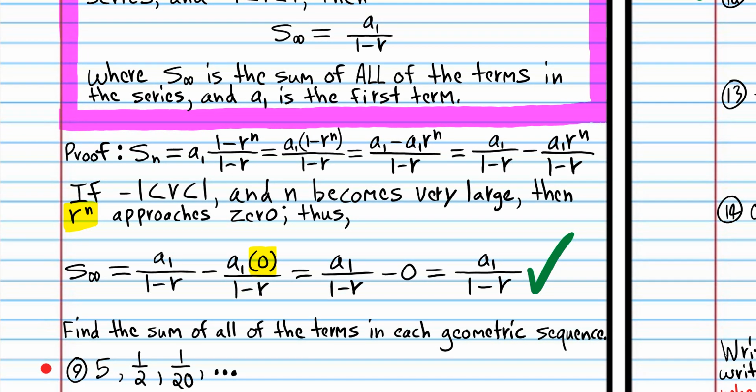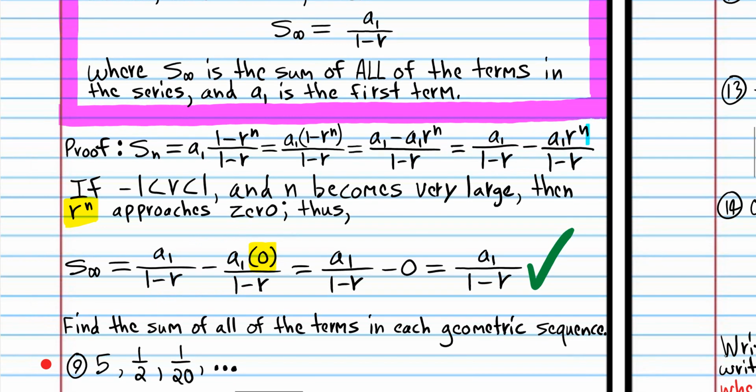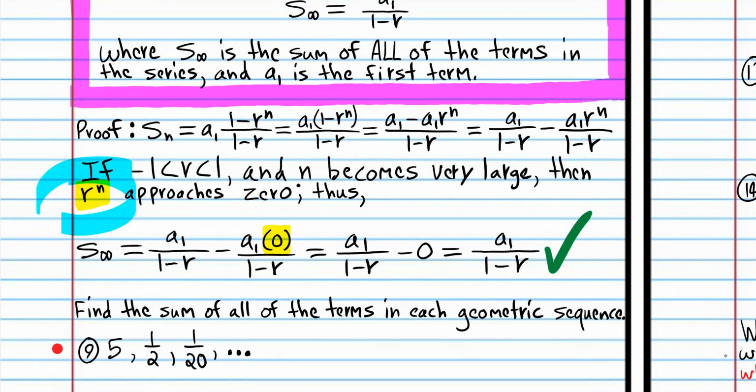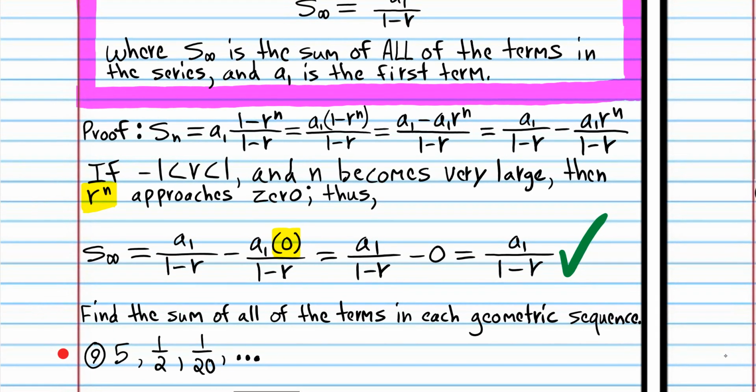And we're going to rewrite this expression down here. Because n is becoming a really, really big number, r to the n is going to be 0 for all intents and purposes, because r to the n approaches 0 as n becomes really large.